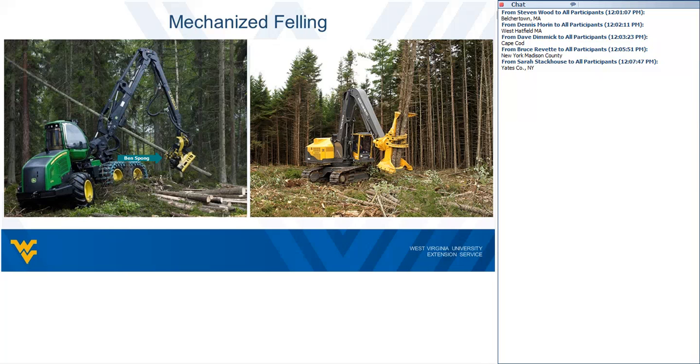While it's doing that, it's also measuring it. And so the computer system inside that the operator is using knows the preferred lengths of each of those logs, and as it hits those lengths and diameter that it is sensing from the head there, it'll actually segment that tree into a number of different logs based on the preferences of the sawmill.